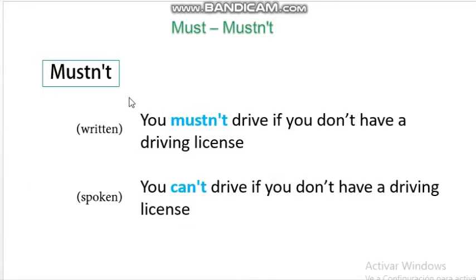Mustn't is usually used only in writing. We usually use can't instead of mustn't.